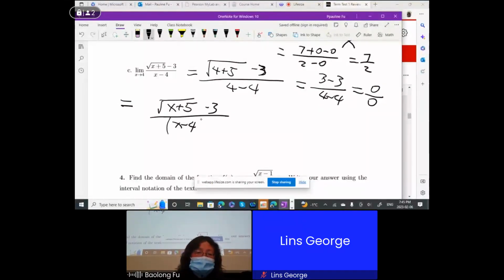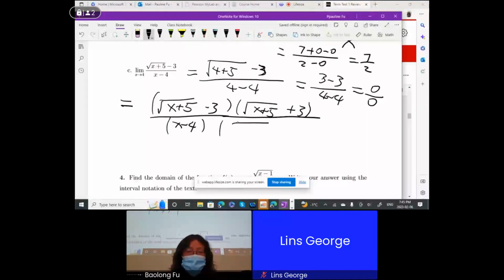Both numerator and denominator will be multiplied by square root of x plus 5 plus 3. So I didn't do anything, I just multiplied the same item on both numerator and denominator.